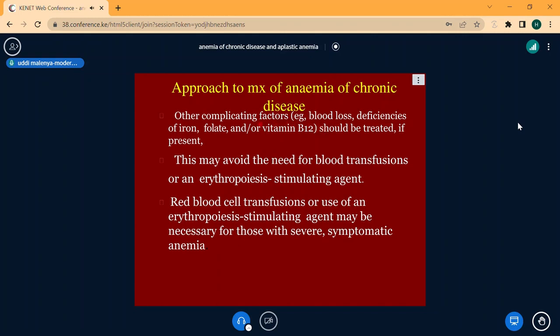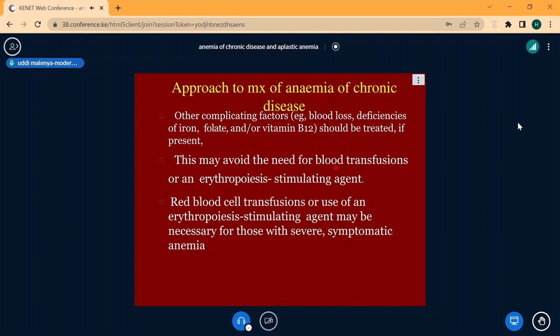For example, if the patient has an inflammatory process occurring within the mucosa, then you have to bypass the mucosa and give the patient other forms, let's say, for example, parenteral. Then you may end up not transfusing the patient, right?